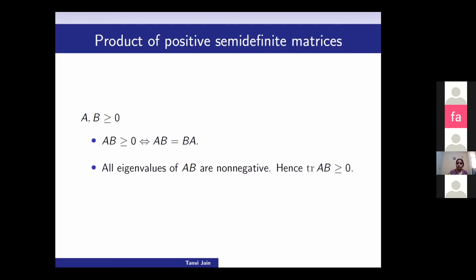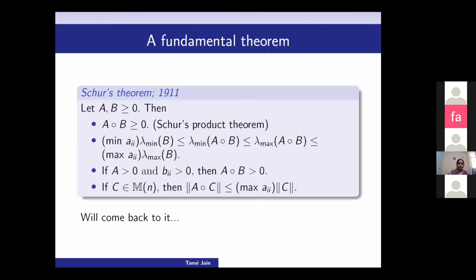But now, when we talk about Hadamard products and positive semi-definite matrices, we have the best situation that we can think of. If I have two positive semi-definite matrices, their Hadamard product is again positive semi-definite, and that goes back to Schur in 1911.